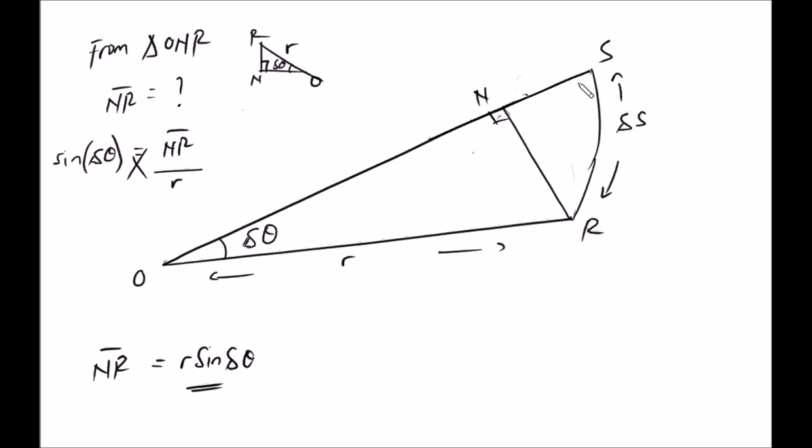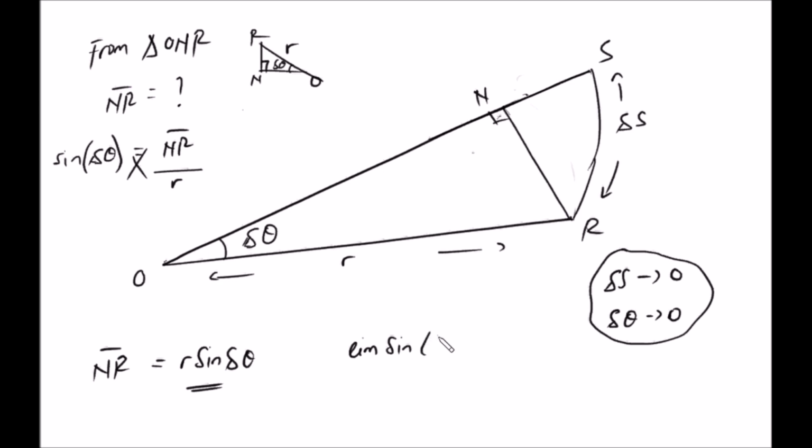But hiki kipande RS nilichokikata hapa ni kidogo sana. So delta S approach 0. Lakini pia delta theta hii angle pia maana ni ndogo na yenyewe inaapproach 0. So now the limiting value of sine of delta theta as delta theta approach 0 ni nani? Ni delta theta.